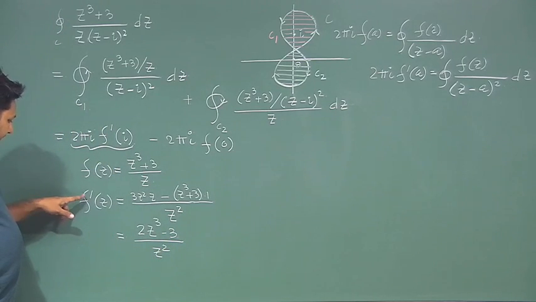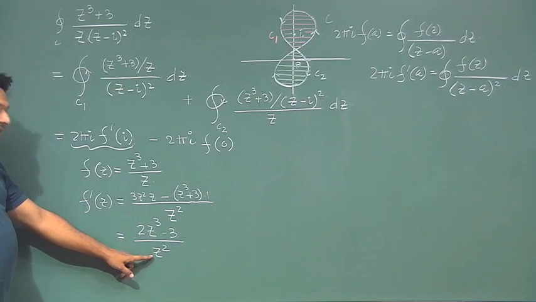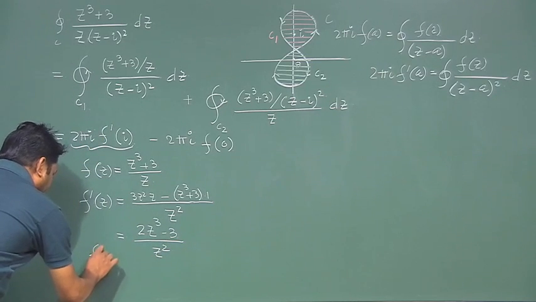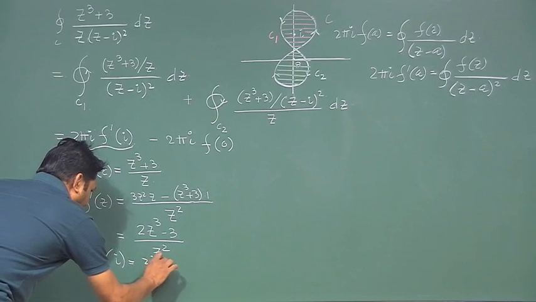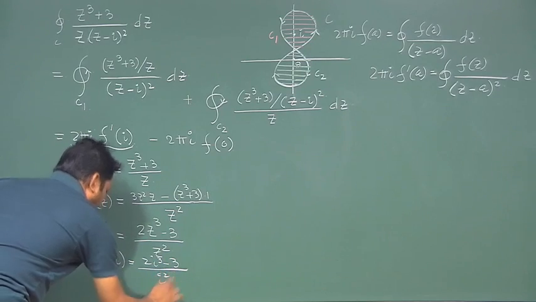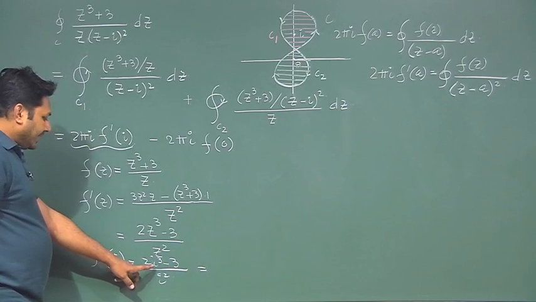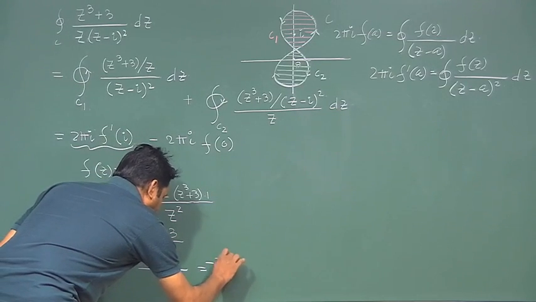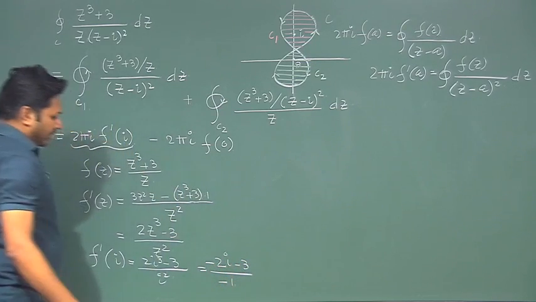So, it is (2 z cube minus 3) divided by z square, something like this. Now, if I put f prime(i), I just need to replace z with i and then I will get the result. So, f prime(i) here is (2 i cube minus 3) divided by i square. This quantity is how much? i cube is minus i. So, minus of 2 i minus 3, divided by minus 1.